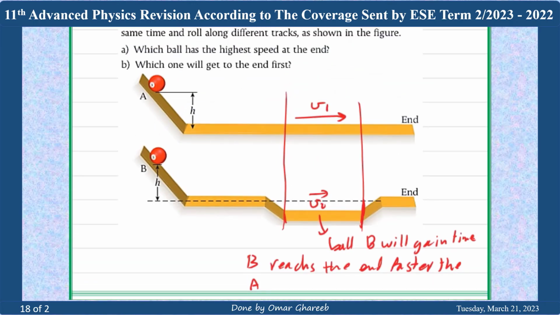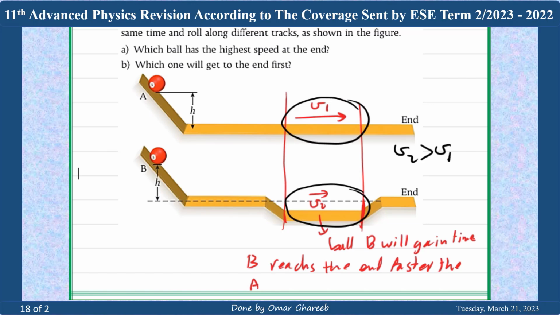So it will go out of the track before A. Why? Because at this portion it increases the velocity, so it needs less time than track A, which has the velocity of V1, where V2 is larger than V1.